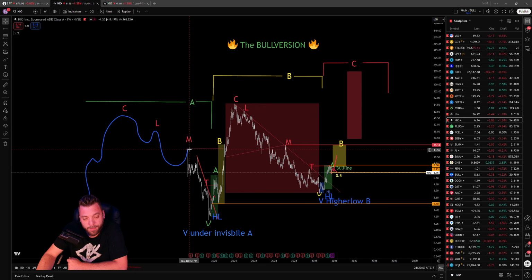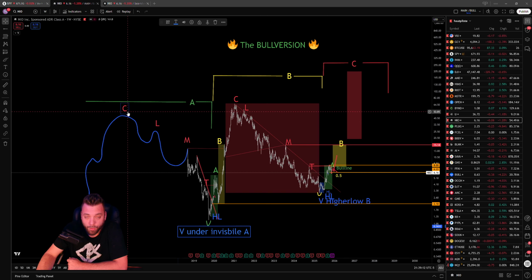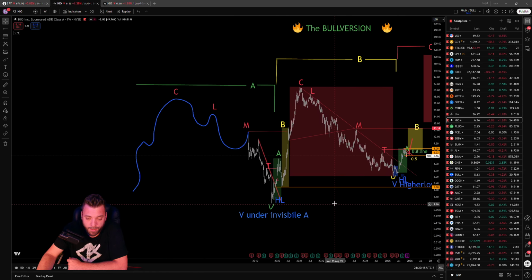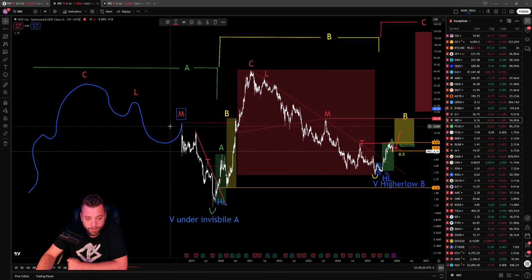And perfect example that the IPO of a stock doesn't have to start with V under A, or doesn't have to start with a C. It can also start with an endpoint, for example. So why would you think that this is your endpoint? Just because it's perfectly lining up with your next B point.